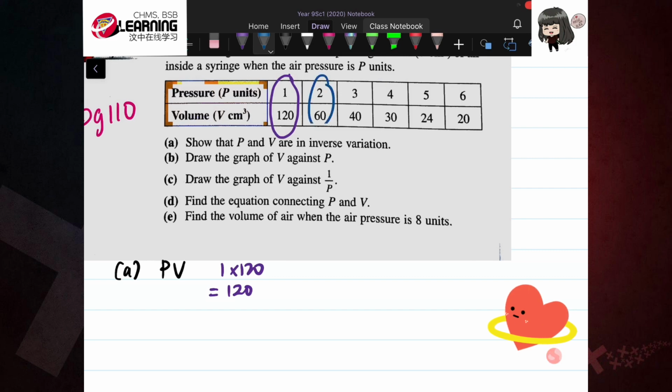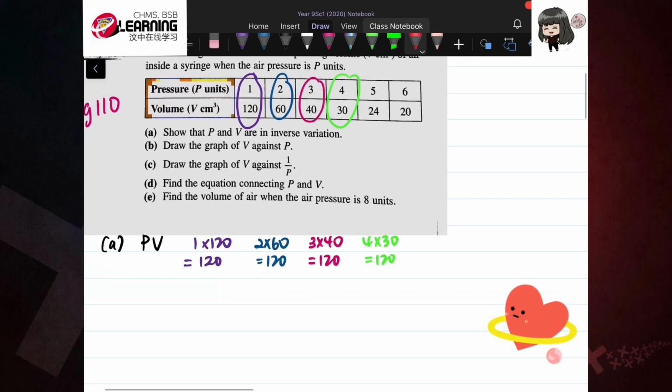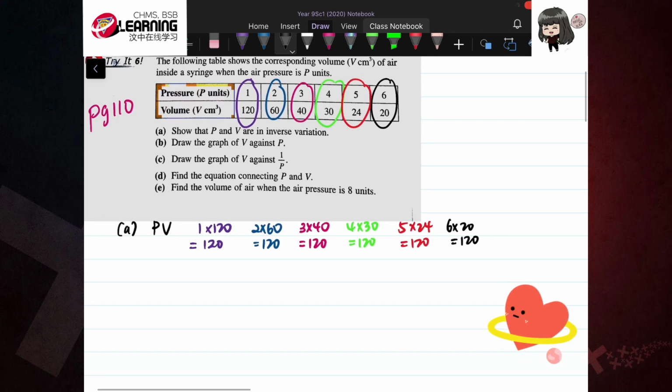Second, 2 times 60, we also get 120. 3 times 40, also 120. 4 times 30, we get 120. 5 times 24, we get 120 also. And the last one, 6 times 20, we got 120. So all of them are 120.